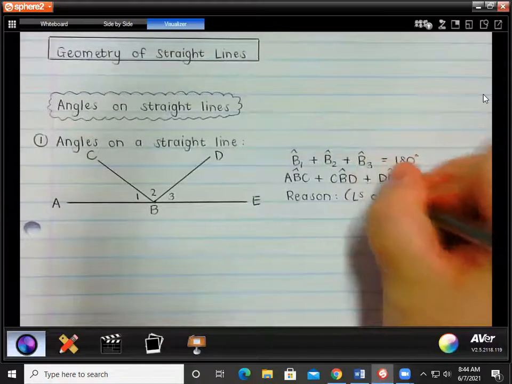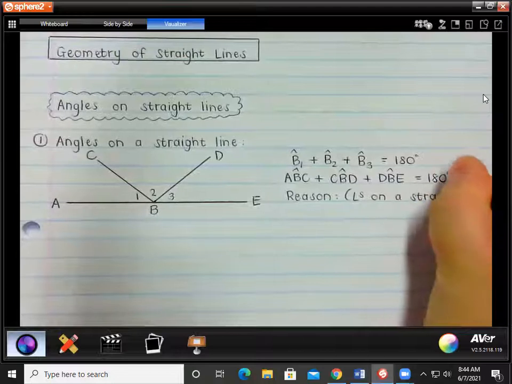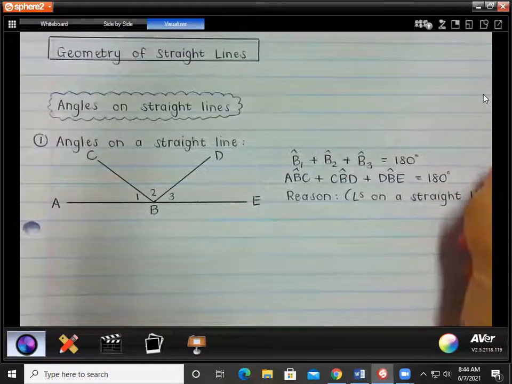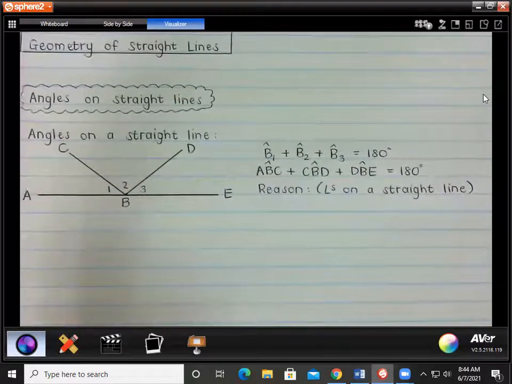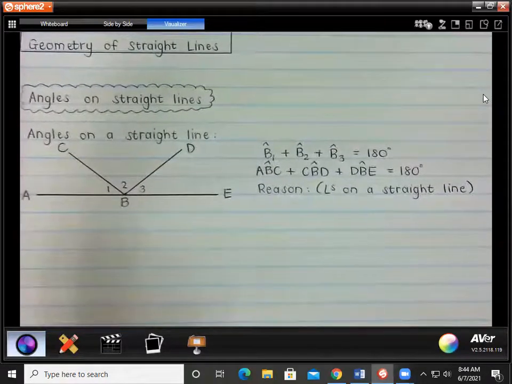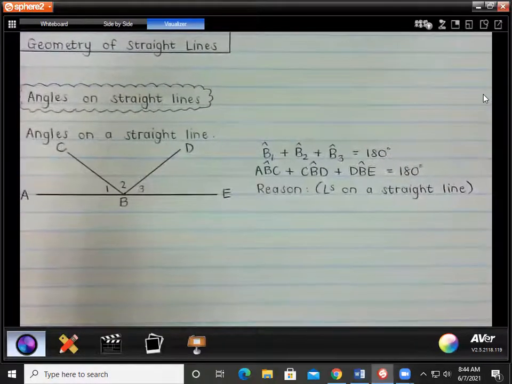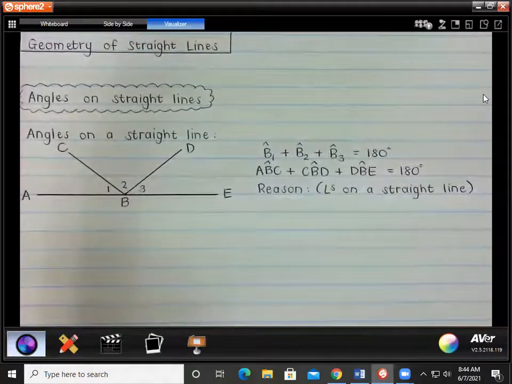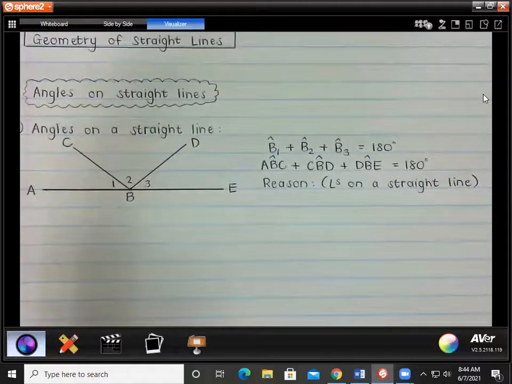Angles on a straight line. Okay, like that. You can abbreviate angles, or it's not really abbreviate, you can use that symbol, all right? So it's like an angle symbol, but then you have to write on a straight line. Every time you use it, you need to write that down. Okay. And that's also going to take practice, but we are going to practice it.